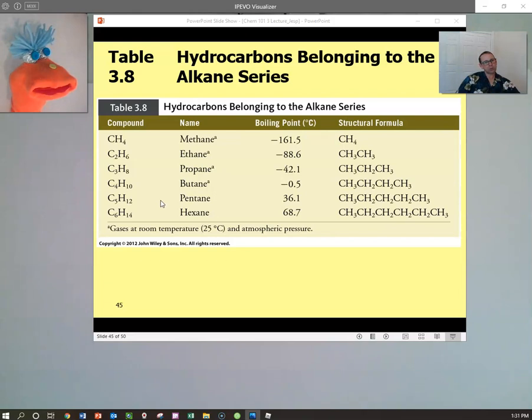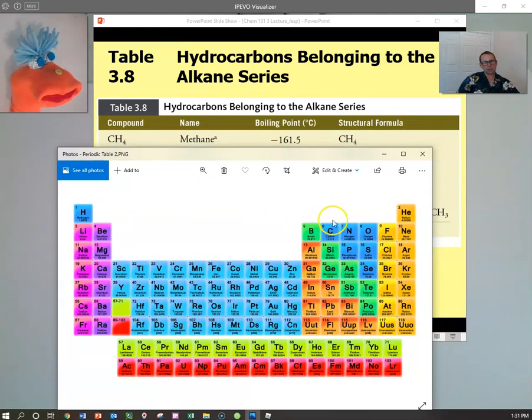We're also going to have just a brief conversation here about carbon compounds. If you look at where carbon is on the periodic table, would you say it wants to gain electrons or lose electrons? It wants to gain electrons. If it gained how many? 4. If it gained 4 electrons, it could have what we call a noble gas electron configuration.